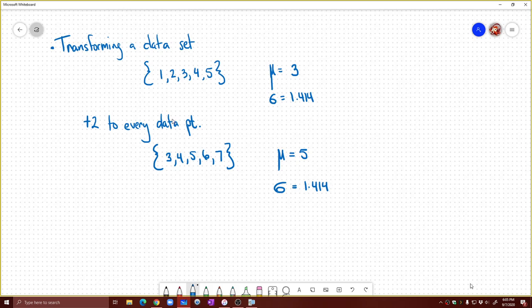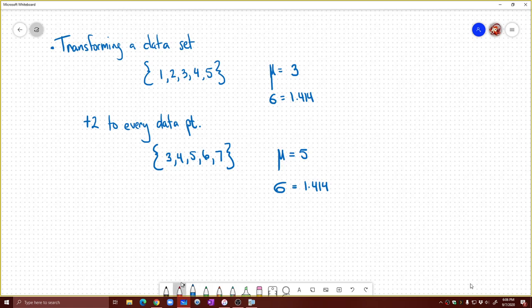So by adding 2 to every data point, we see that the only statistic that changed from the previous data set to this data set is the mean, okay, which is our measure of center. Notice that the measure of spread did not change at all. Spread stayed exactly the same.